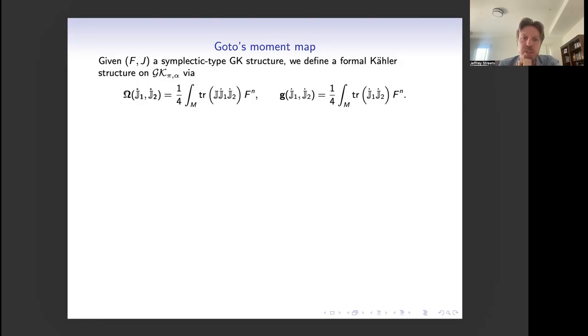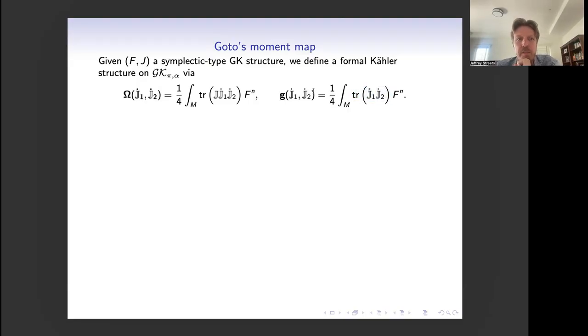So the symplectic form acting on variations of J1 and J2 is just the obvious symplectic form that we would write down on the corresponding Lie group. And then similarly, the metric acting on these two is again just the most obvious biinvariant metric.